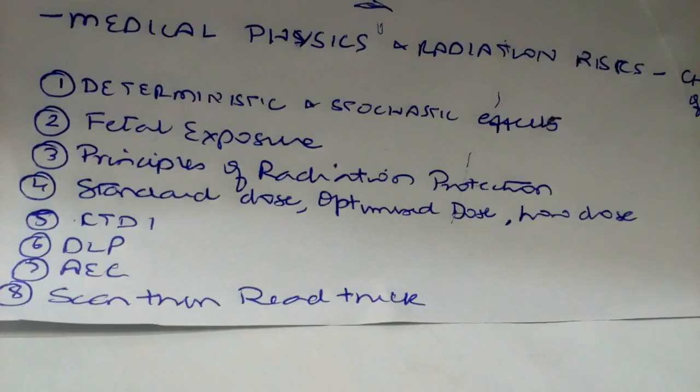So if a patient is obese, then the amount of radiation given is more. If the patient is thin, the amount of radiation given is less. Also, as the patient's body shape changes over the entire length, suppose the abdomen is fat, then as you go into the pelvic region, the fat is less, so we will change the radiation accordingly.